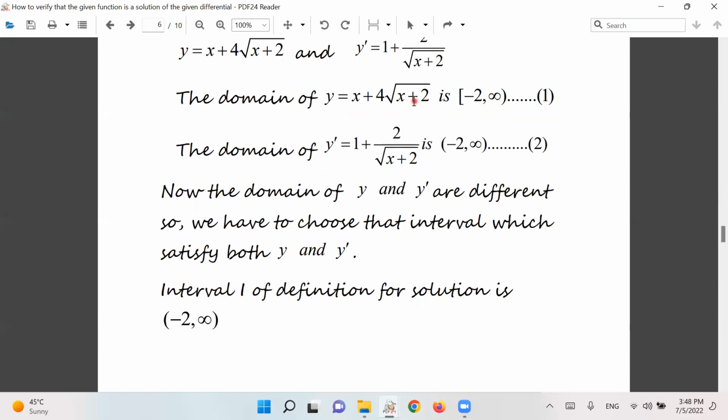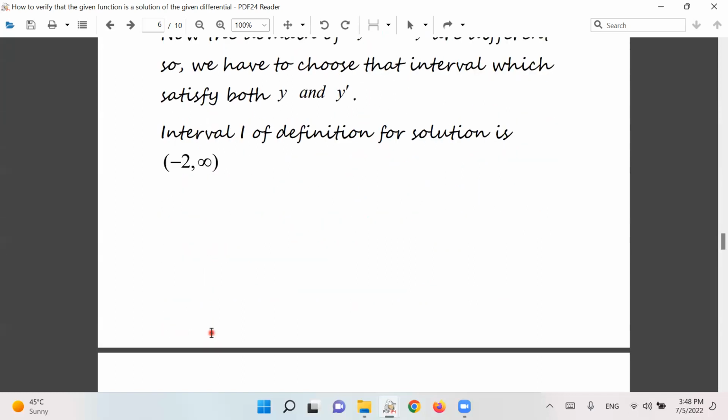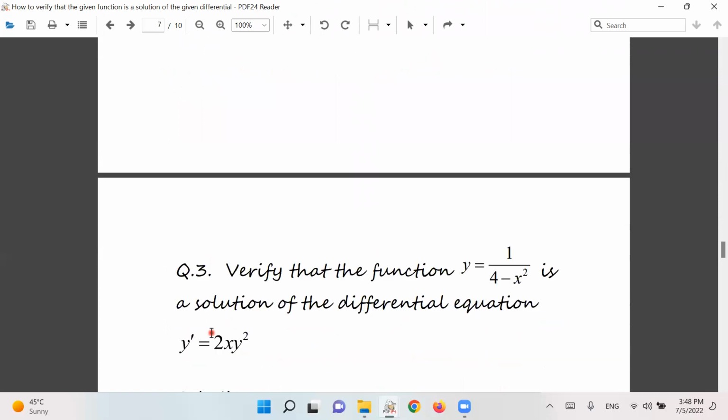So -2 as a closed interval will not satisfy this domain. So the interval I of definition for the solution will be -2 to infinity as an open interval. This is how we find the interval of definition for the solution.